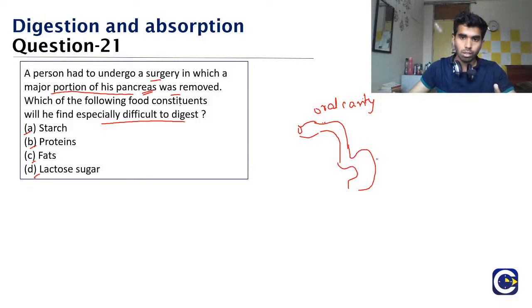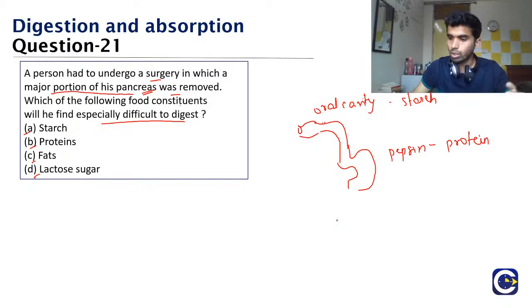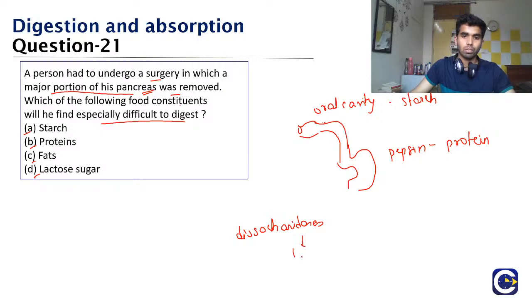In the stomach, pepsin is present, and because of pepsin, protein is also digested. Then in the intestine, disaccharidases are present. Those disaccharidases act upon the lactose, and that is present in the small intestine.